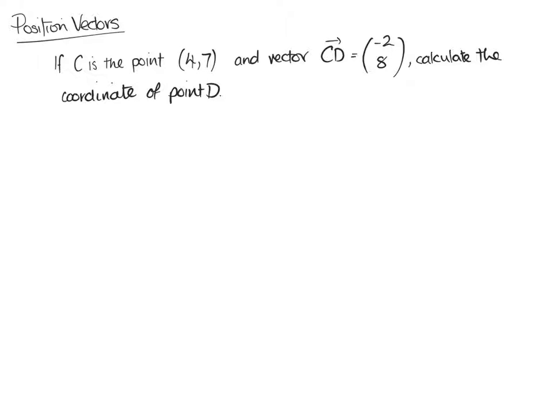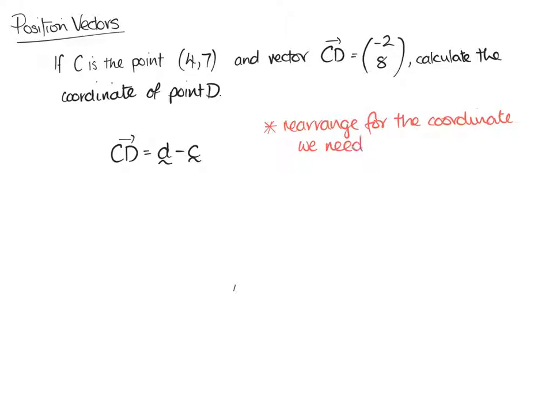Okay, so we're still starting with the same formula. We've still got the formula that CD is equal to D take away C. But what we need to do when we've got one like this is rearrange for the coordinate we need. You can always rearrange these formulas. So we want to get what D is.